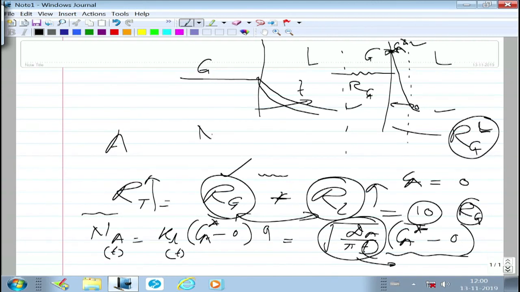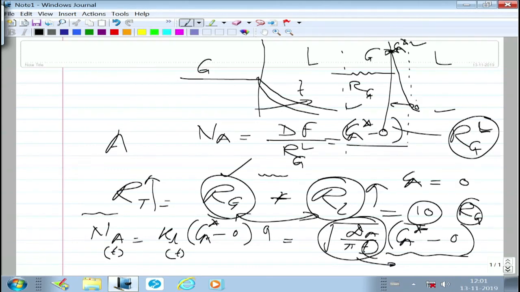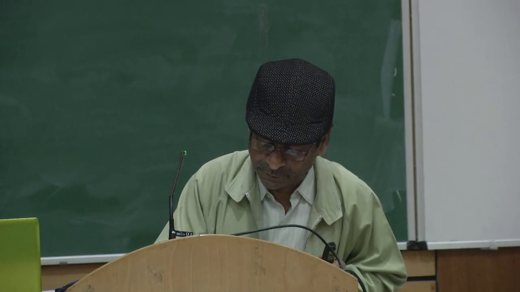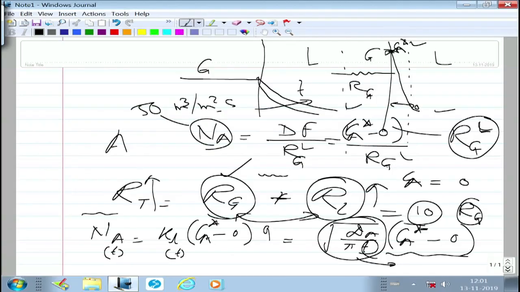So I will use the same equation, Na as driving force divided by the resistance, but it will be RGL which I want to determine. The driving force is Ca star minus 0, corresponding to that thickness, and this is RGL, and this is corresponding to 50 meter cube per meter square per second. So from here I can obtain RGL.